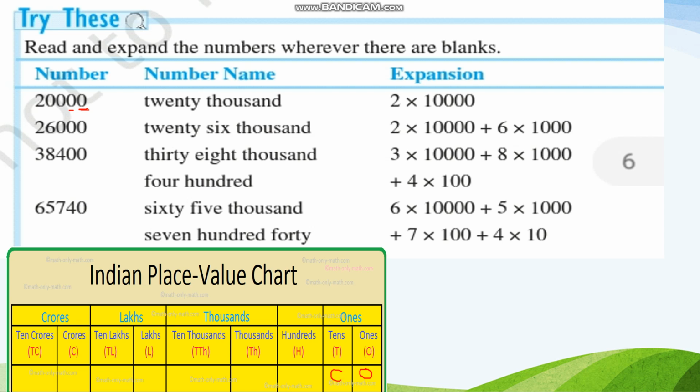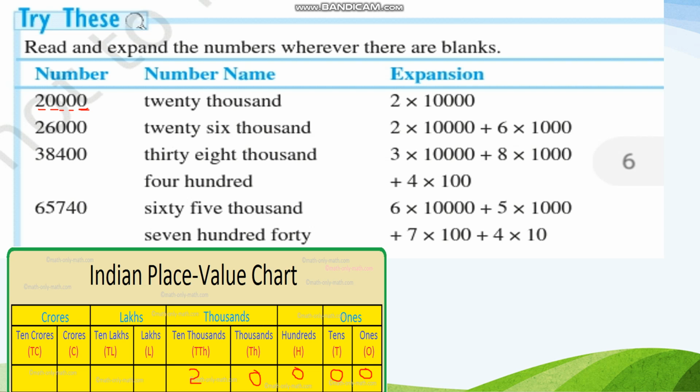Then the hundreds place digit is 0, and the thousands place digit is also 0, and the 10,000s place digit is 2. So, 2 in 10,000s and 0 in thousands, 0 in hundreds, 0 in tens and 0 in ones.